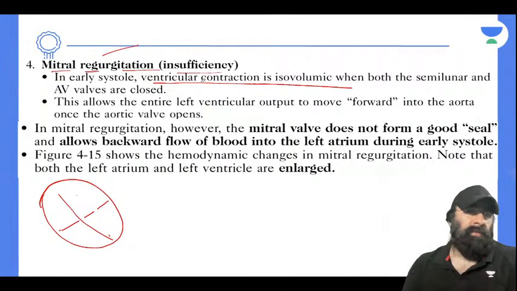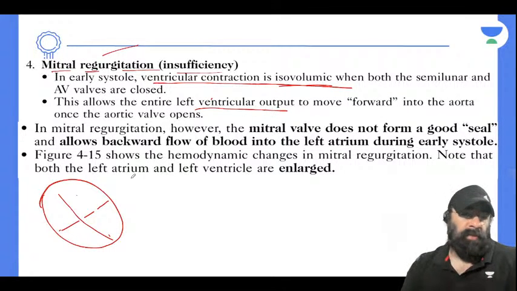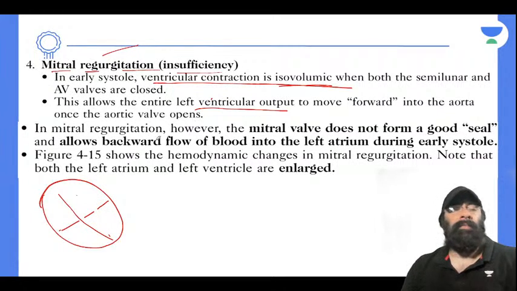In early systole there is ventricular contraction, and in isovolumetric contraction, when both the valves are closed, nothing basically happens. Here left ventricular pressure increases because of the isovolumic contraction, and then the aortic valve opens. But in mitral regurgitation, the valve does not form a good seal.